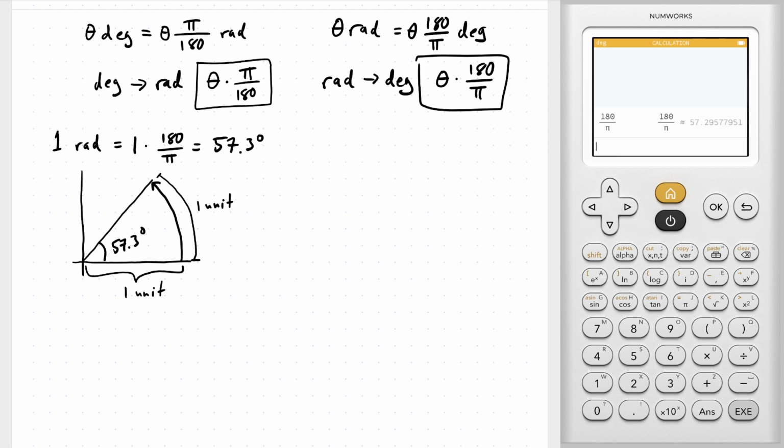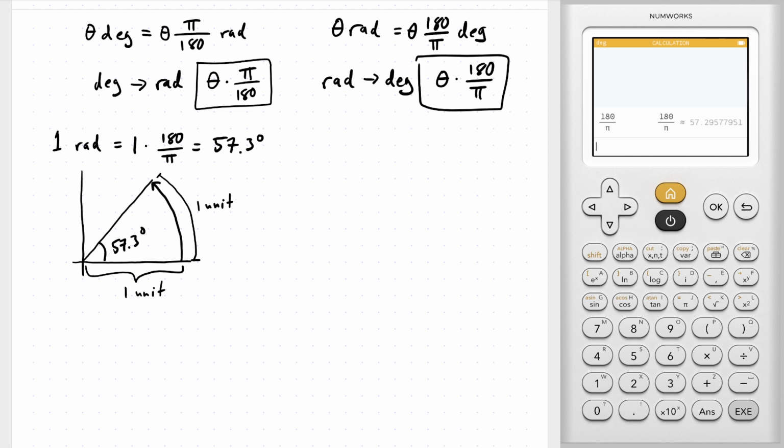And that's what it means to be working with radians. Whatever angle you're talking about is equal to the length of the arc if the circle, or the portion of the circle, has a radius of 1 unit.